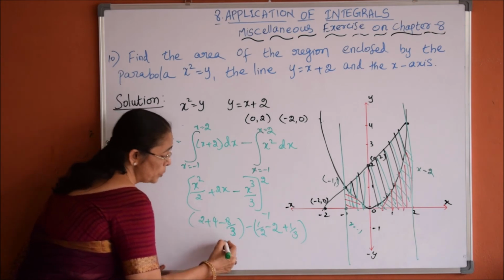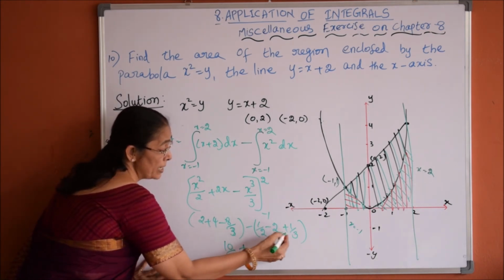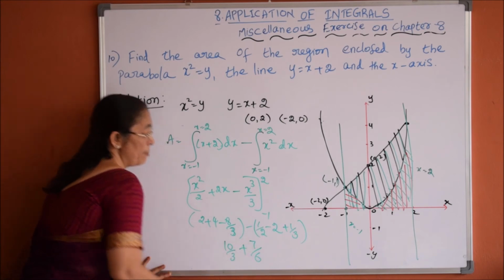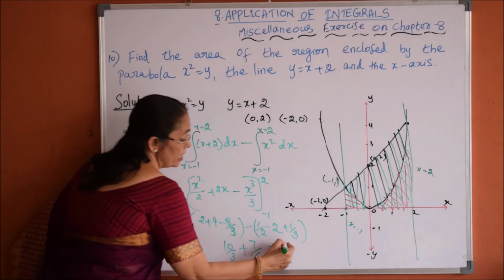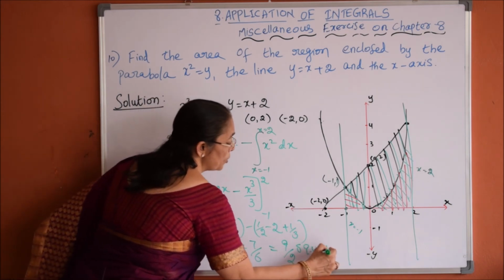So this one is 10 by 3, and on simplification minus 7 by 6 plus 7 by 6. By taking the LCM and simplifying, we get 9 by 2 square units.